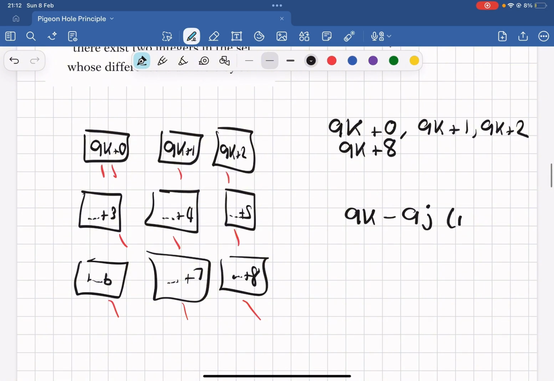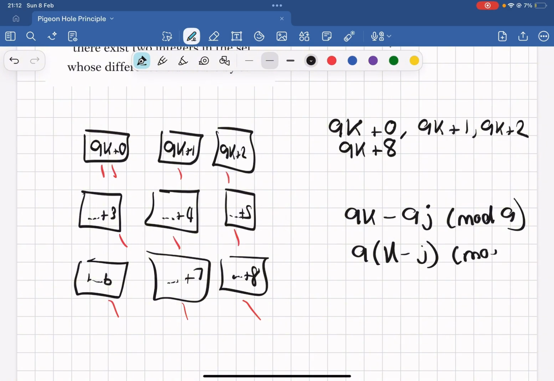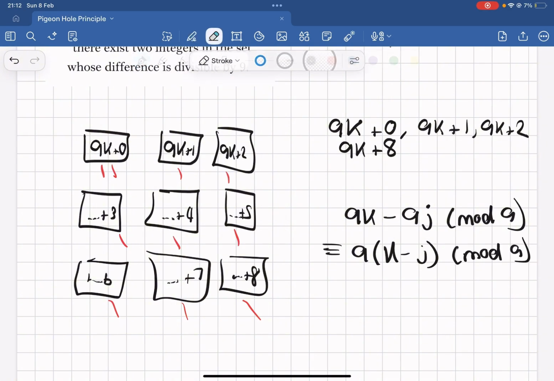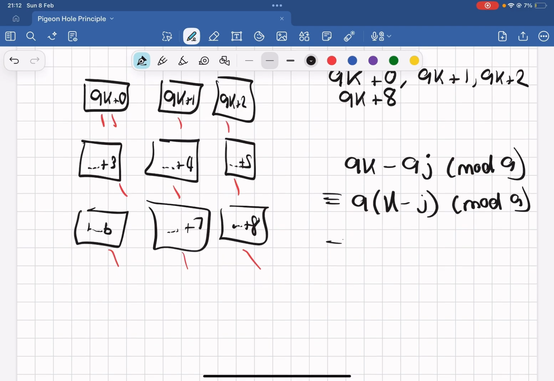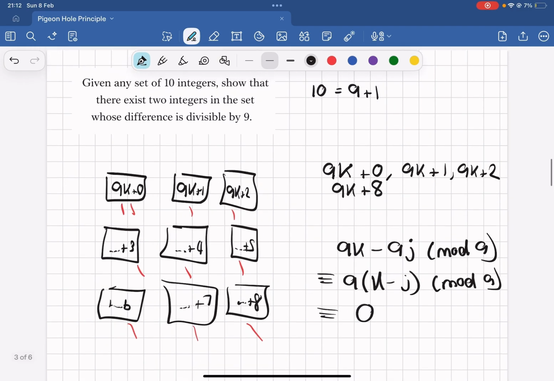And then we're working mod 9. Well, simply, we can just factor out 9, k minus j. Since we know that this term here is divisible by 9, we can say it's congruent to 0. And that has shown that the difference between these specific terms is divisible by 9.